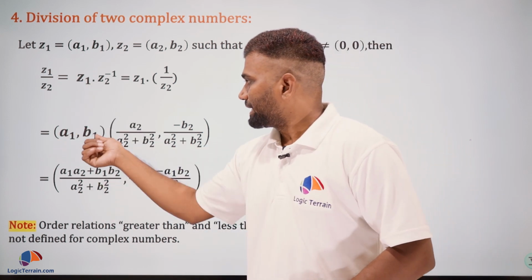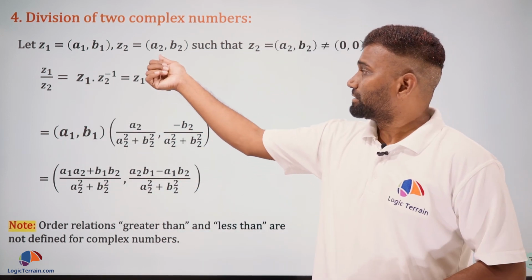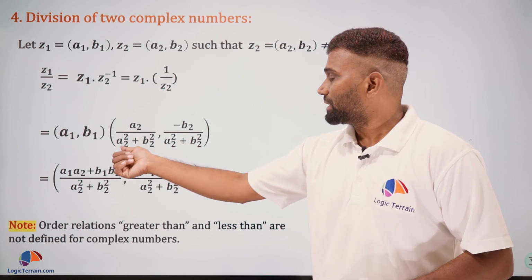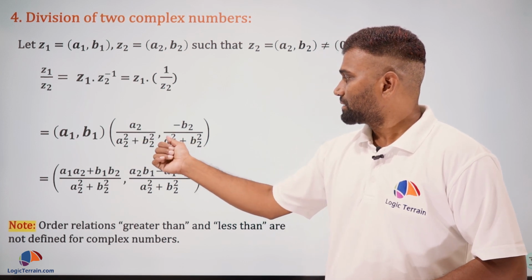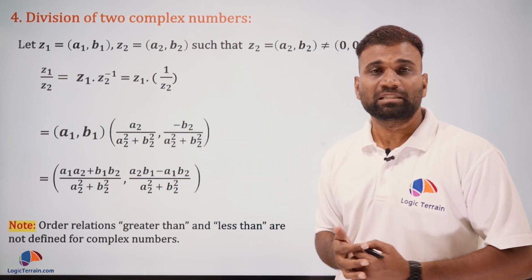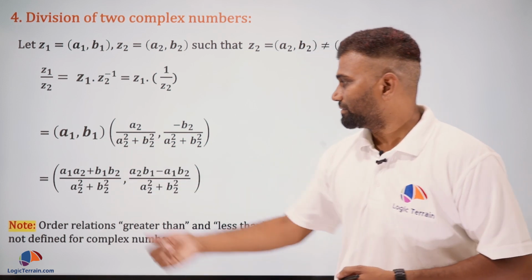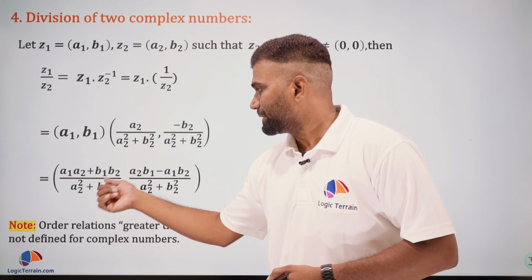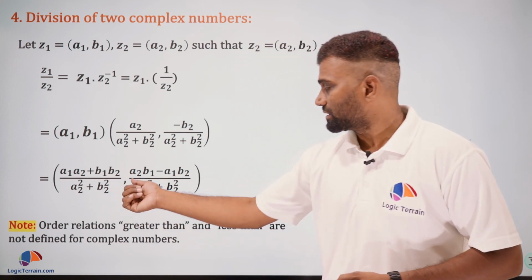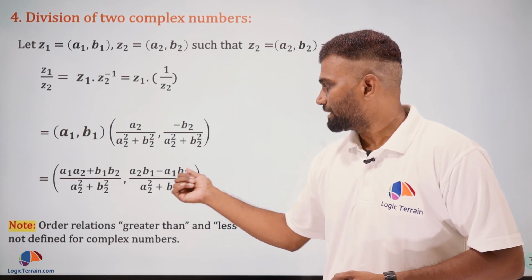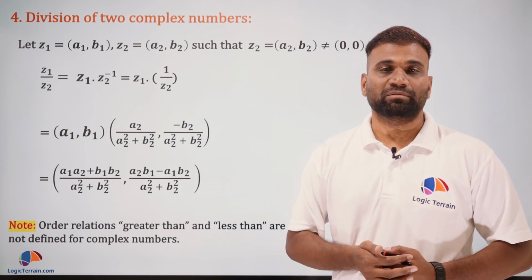So z1 is (a1, b1) and the multiplicative inverse of z2 is (a2/(a2² + b2²), -b2/(a2² + b2²)). On multiplying these two using the product rule, we get ((a1 a2 + b1 b2)/(a2² + b2²), (a2 b1 - a1 b2)/(a2² + b2²)).